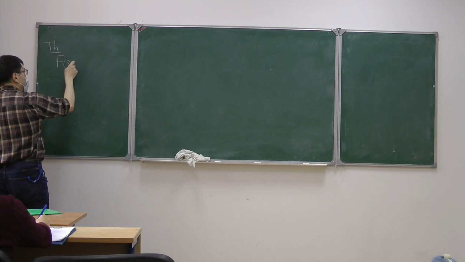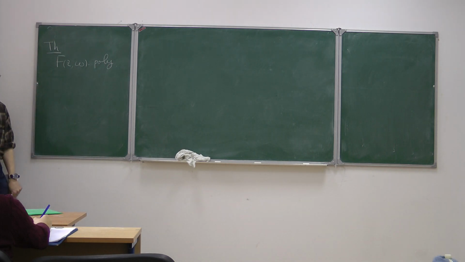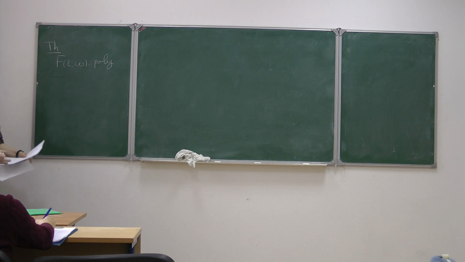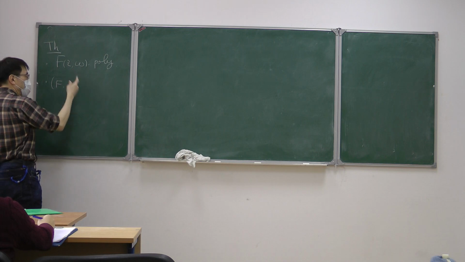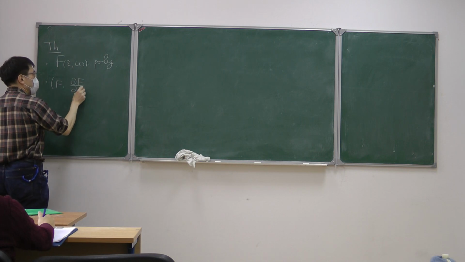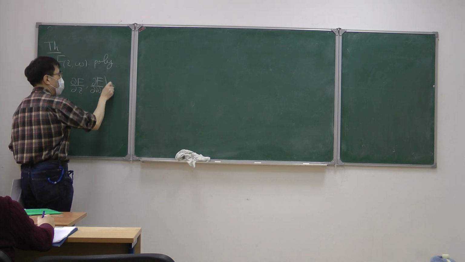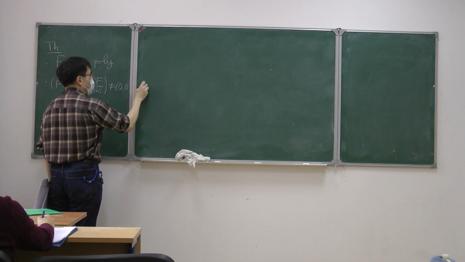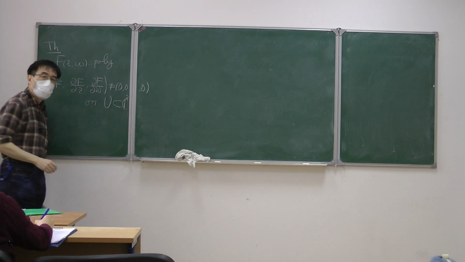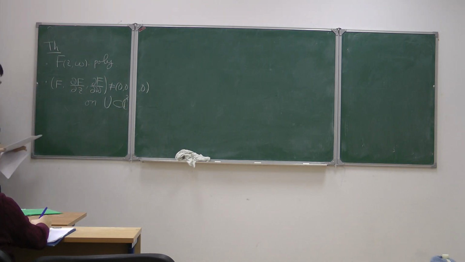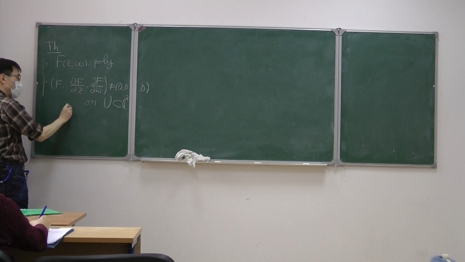Let's take a polynomial of two variables with complex coefficients and assume that f itself and its partial derivatives do not vanish simultaneously on some domain. These are the assumptions.